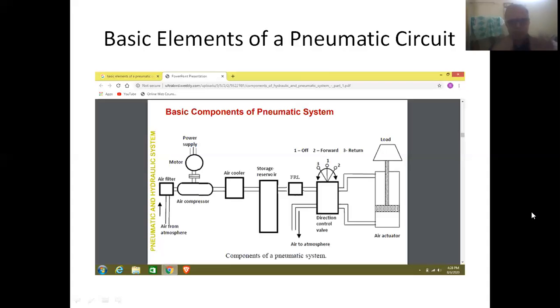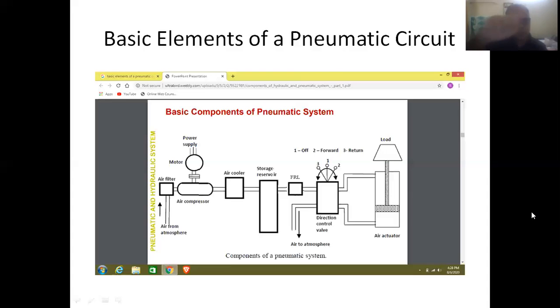So friends, four-way DC valves are very essential for operating double-acting cylinders. This is the arrangement of a double-acting cylinder, consisting of two ports, port 1 and port 2, made on both sides of the piston. That means we have to supply fluid on both sides of the piston, and also receive fluid from both sides of the piston.